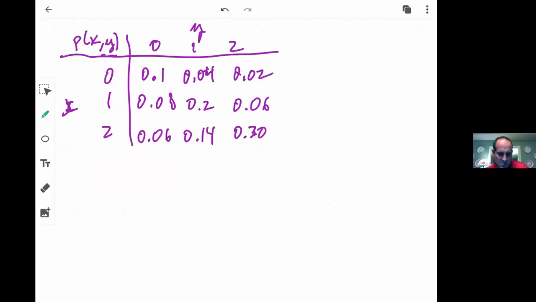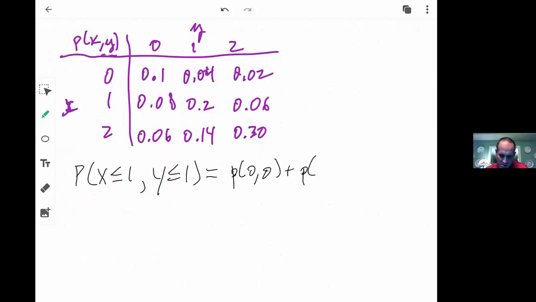So what we were asked to do in this problem was to compute the probability that x is equal to or less than 1 and that y is equal to or less than 1. If you think about it, that's going to be p(0,0) plus p(0,1) plus p(1,0), another ordered pair that satisfies both x and y equal to or less than 1, plus p(1,1).